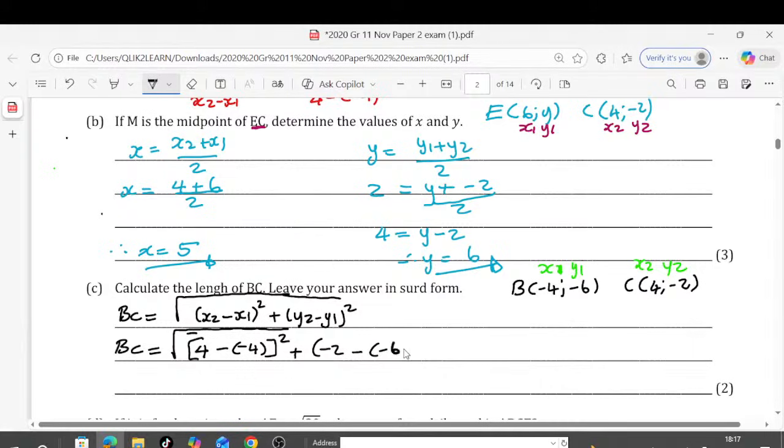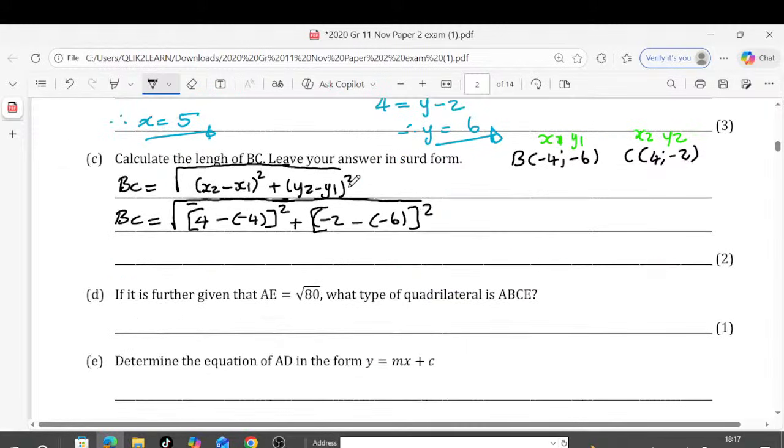We need to put it inside the bracket, which is also important. Now you just have to work this out. BC is equal to the root of 4 plus 4, which is 8, 8 squared. Let's quickly put this on the calculator.